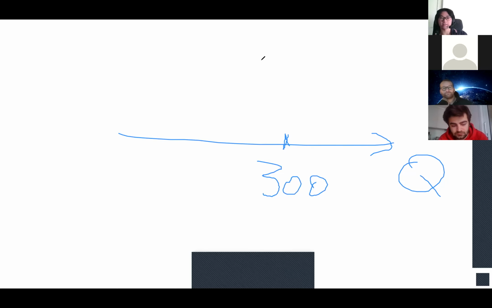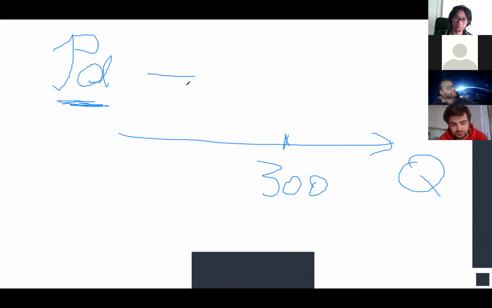We use the price which is discounted. So we first use this price to calculate the EOQ, and we see if it's above the threshold or below the threshold.